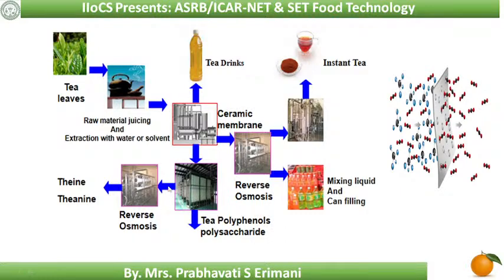By means of reverse osmosis you will get theanine. With the ceramic membrane, you get tea drinks, instant tea, mixing liquid, and can filling by means of this membrane technology.